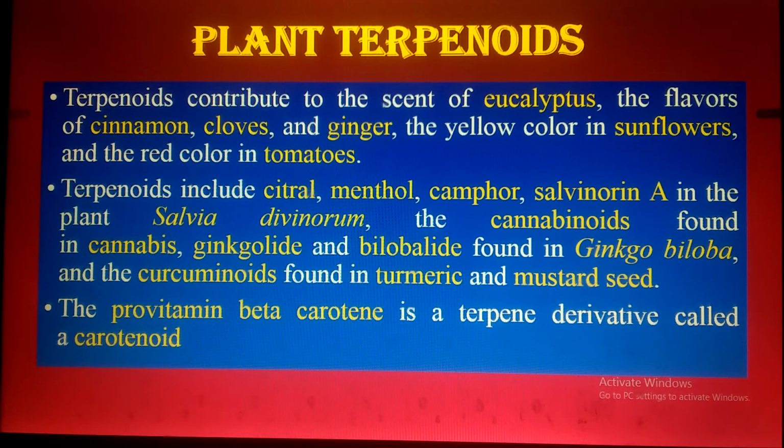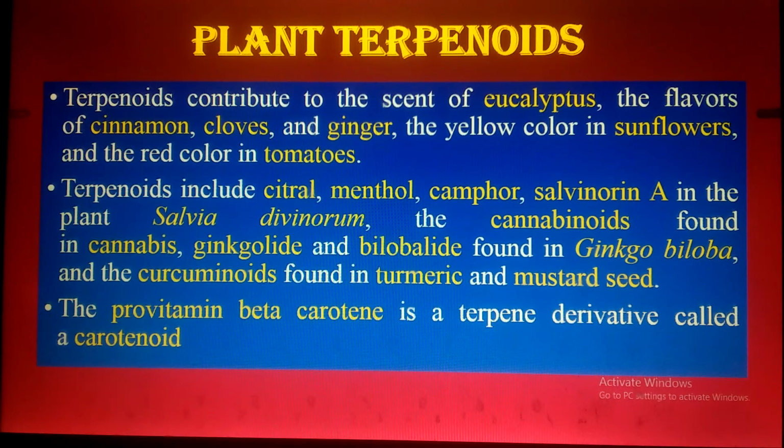Terpenoids include citral, menthol, camphor, salvinorin A in plants like Salvia species, the cannabinoids found in cannabis, and ginkgolides and bilobalides found in Ginkgo biloba, and the curcuminoids found in the turmeric and mustard seeds. I'm just giving you the introduction about all these terpenoids in order to clear the concept.